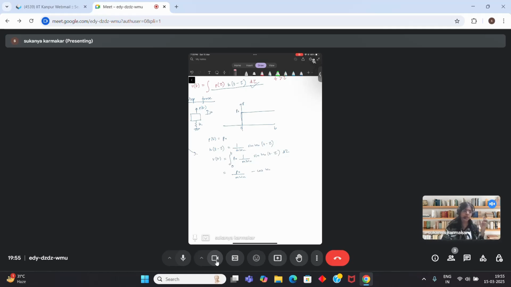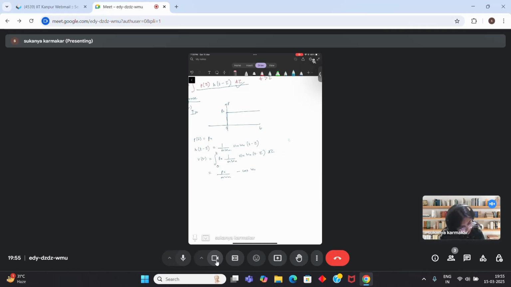Take t minus tau as some new variable, let's say t1. Then d tau is equal to minus dt1.